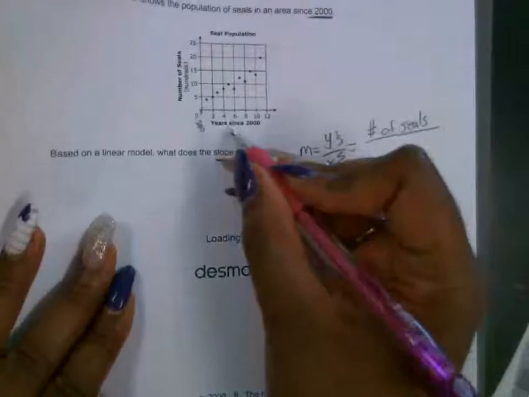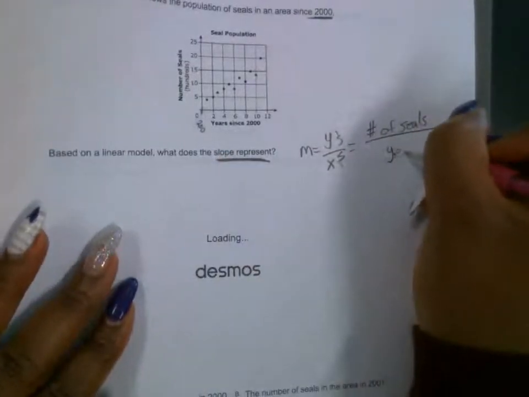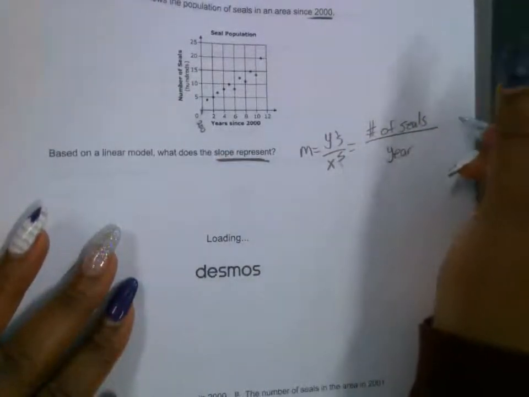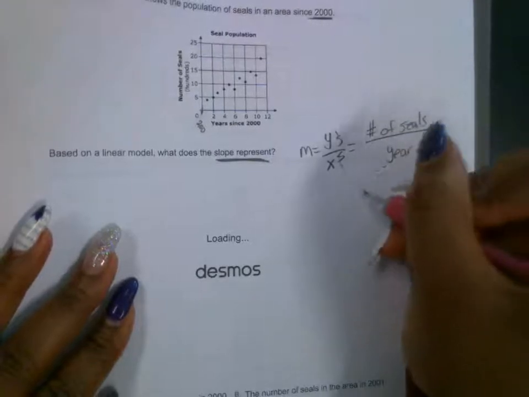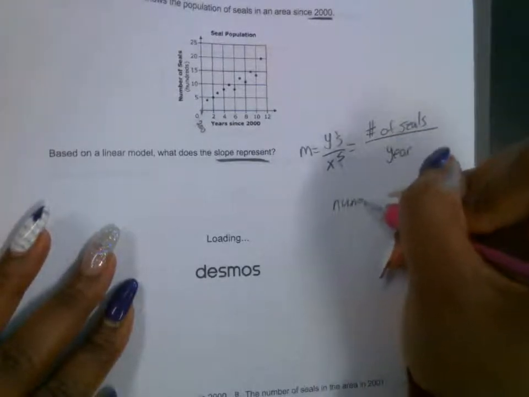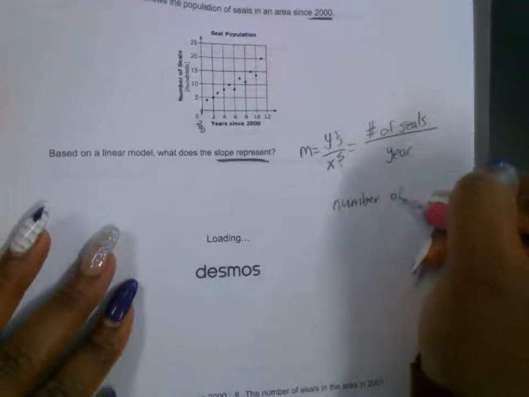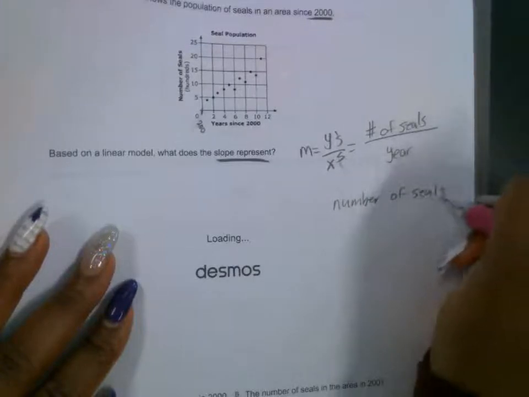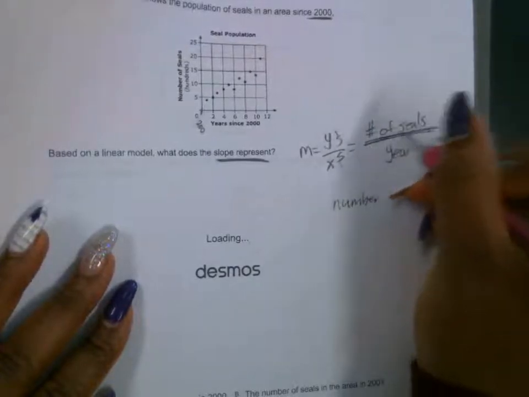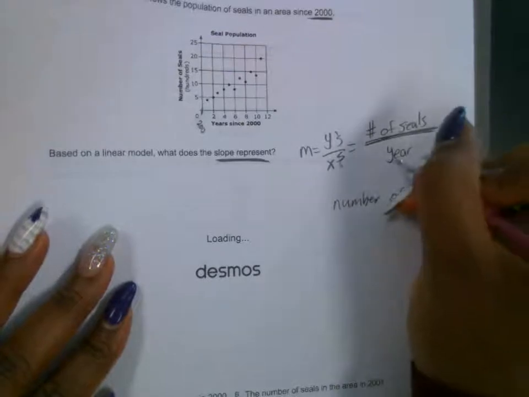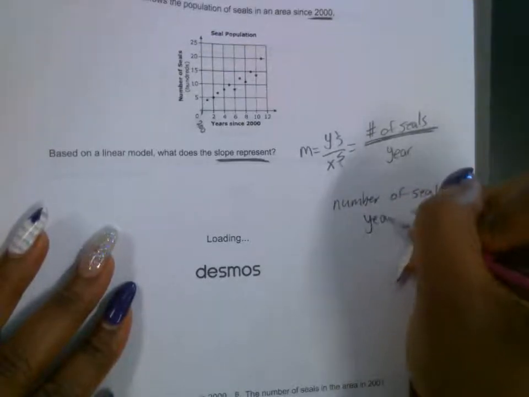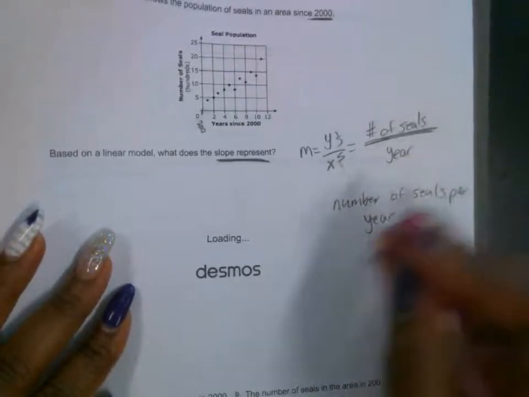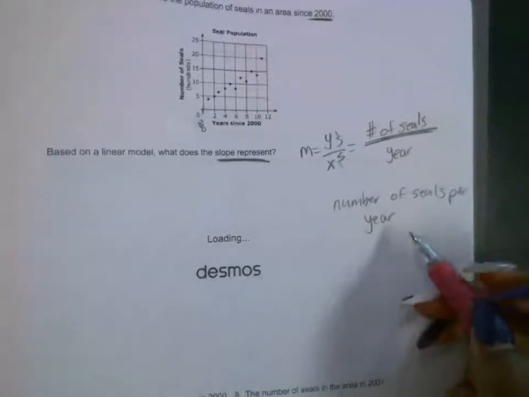And your x represents the years. So it's the number of seals per year. Number of seals is on top, and this is per. So what's on the bottom is year. So it's number of seals per year. That's how you read that. That's what the slope represents.